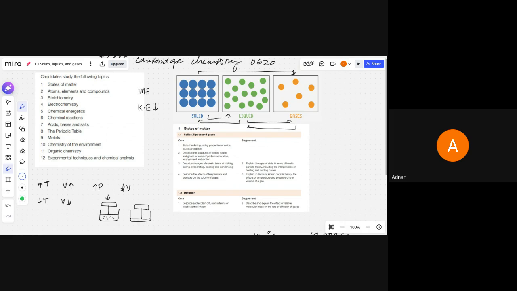In a solid state, just because the intermolecular forces are so strong, the particles are tightly packed, and that is why their kinetic energy is very low. Similarly, in a liquid state, the intermolecular forces are a bit weaker, and kinetic energy is a bit higher as compared to the solid state. So this is basically how we explain topic 1.1.6.